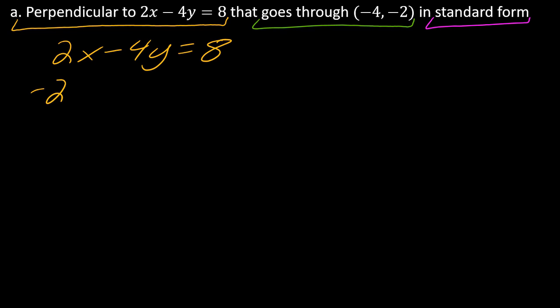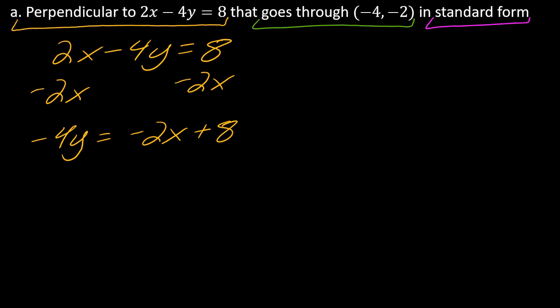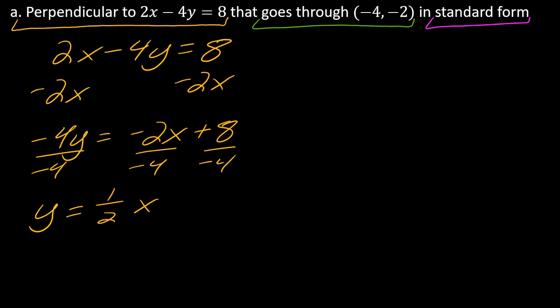So to get this into slope-intercept form, I'm going to go ahead and subtract off the 2x like this. So I get negative 4y equals negative 2x plus 8. And then to finish solving for y, I divide each part by negative 4. So now I get y equals, this is going to come down to 1/2 x minus 2.